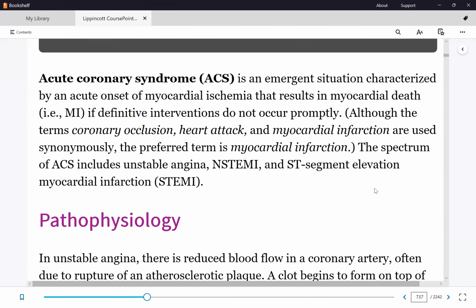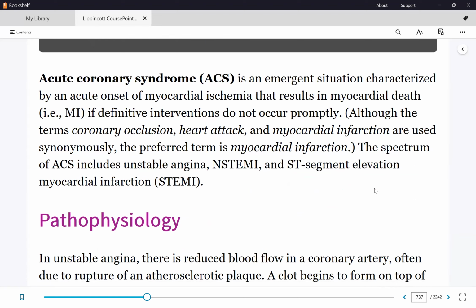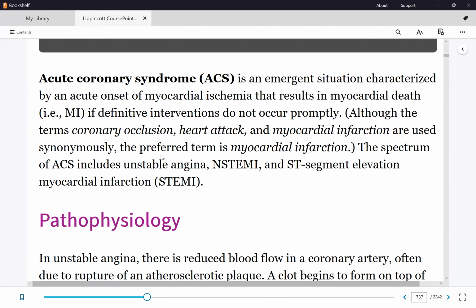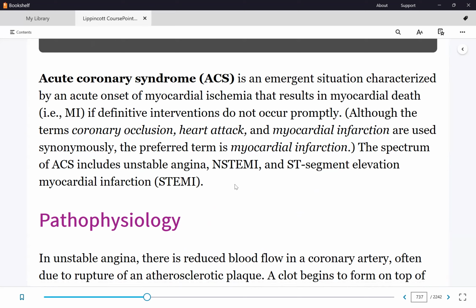Why are these called acute coronary syndromes? So the three acute coronary syndromes are unstable angina, NSTEMI, which stands for non-ST elevation myocardial infarction, and STEMI, which is ST elevation MI. Until we get two things done, cardiac enzymes and a 12-lead EKG, you cannot tell these three apart.